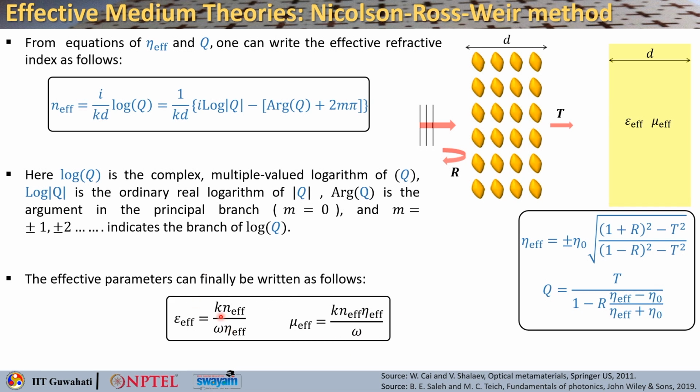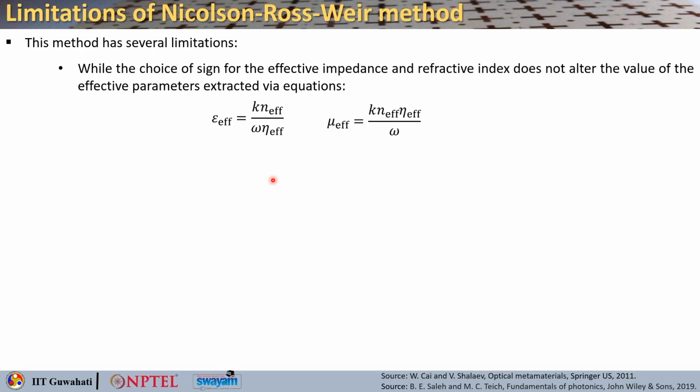Okay. So, that way from reflection and transmission coefficients you can find out the effective permittivity as well as effective permeability of the material. Now, there are some limitations to this method as well.